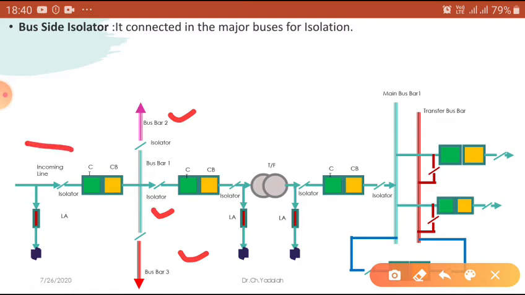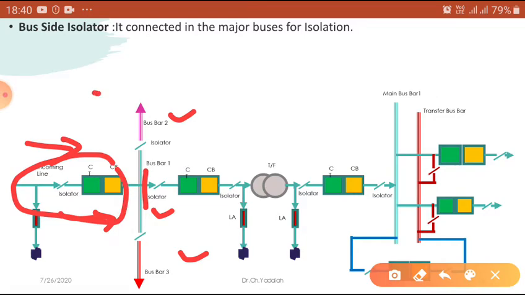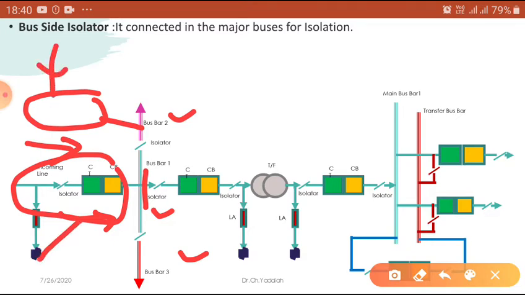Whatever input is entering, first this incoming is connected to this bus. Similar arrangements are connected here also, and it is connected to this bus. For example, this is the supply coming from Ramagundam. This is coming from the Nagarjunasagar supply.